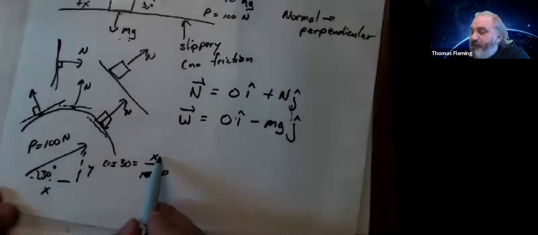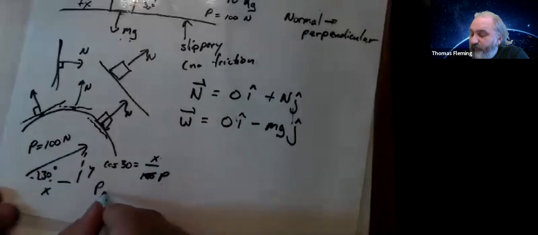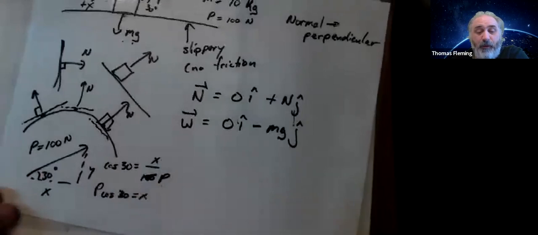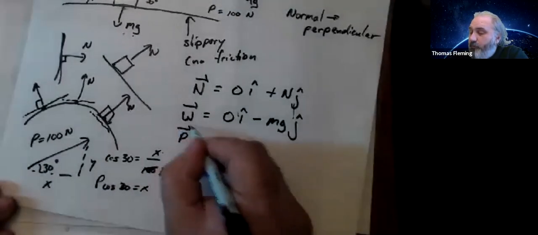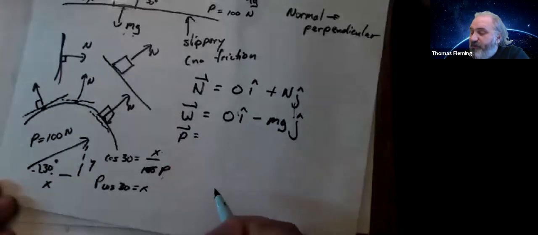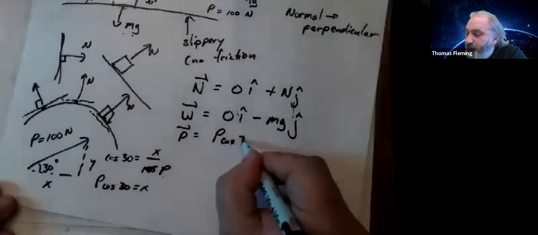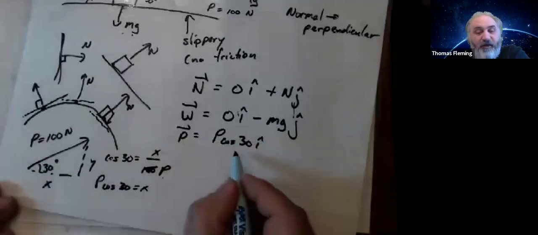So if I wanted to know what the x part is, I just multiply both sides by P. So P times the cosine of 30 is equal to the x part. So when I do P as a vector, it's going to be P times the cosine of 30, and that's the i hat part. It's to the right, so I'm going to leave it positive.